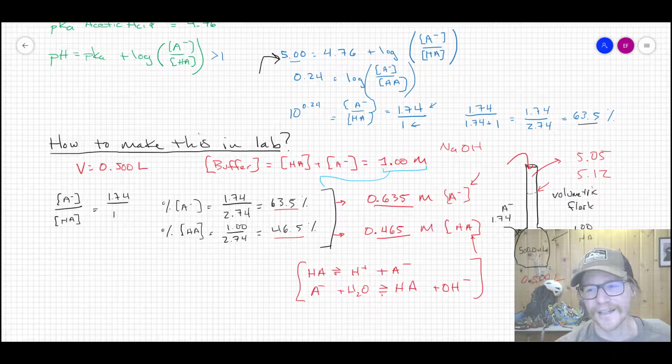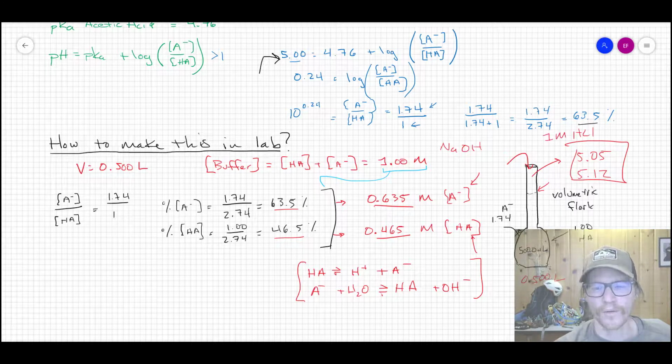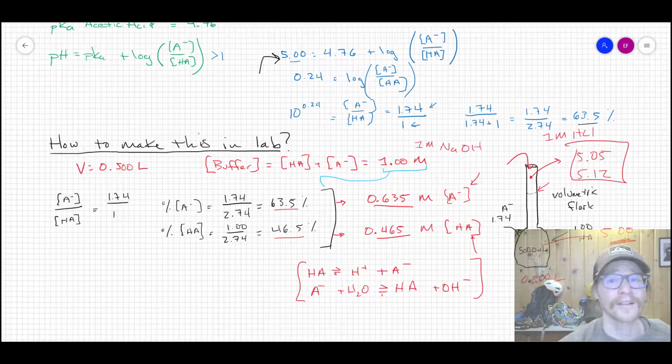In this case, if this were our reading somewhere in there, we'd need to add more acid, and so usually we'd have some concentrated HCl or H2SO4, usually 1 molar or 3 molar, and then we add a couple drops into this and we monitor it until we get it dialed to exactly 5.00. That would be the practical way to go into the lab and make up one of these solutions.